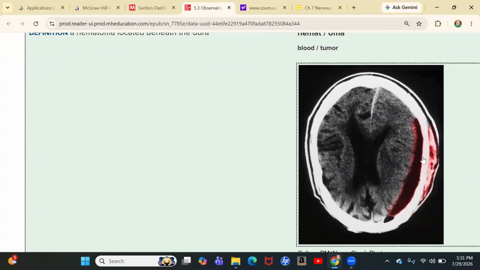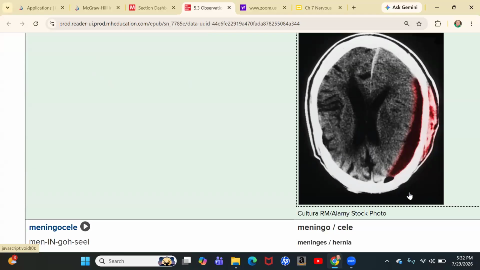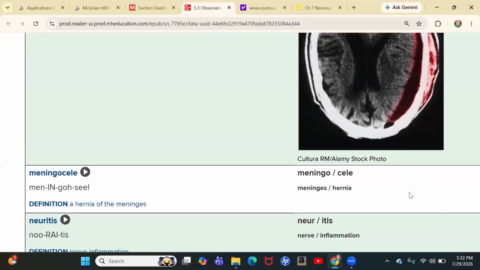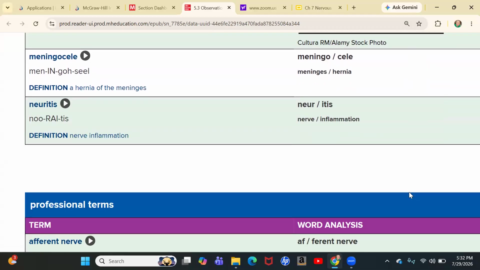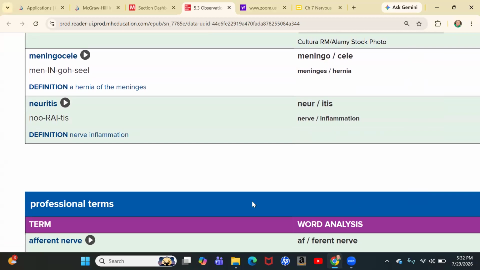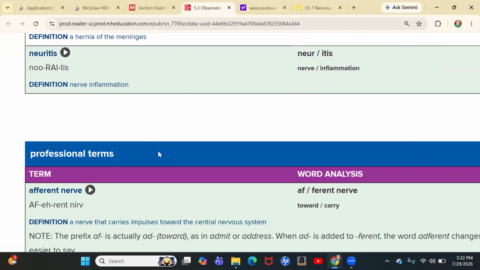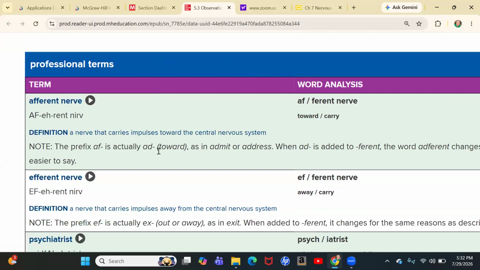This is a very good example here of the brain being compressed within the cranium. And you see the brain damage here, that compression of the brain due to the blood pushing up against the brain. Meningocele, herniations of the meninges of the brain, and then, of course, neuritis.